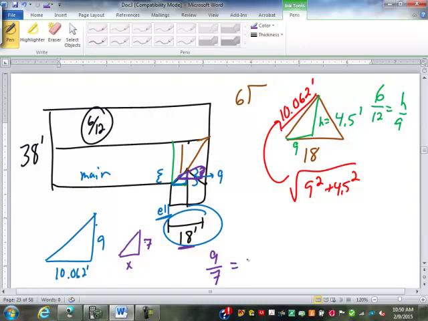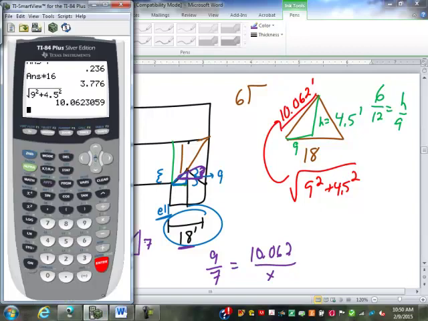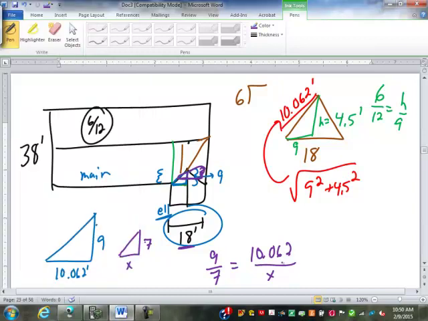So 9 goes to 7 as 10.062 goes to X. We cross multiply. 10.062 times 7 divided by 9 is 7.826.